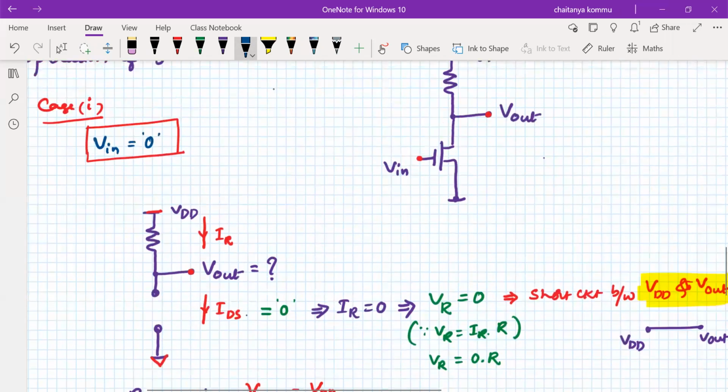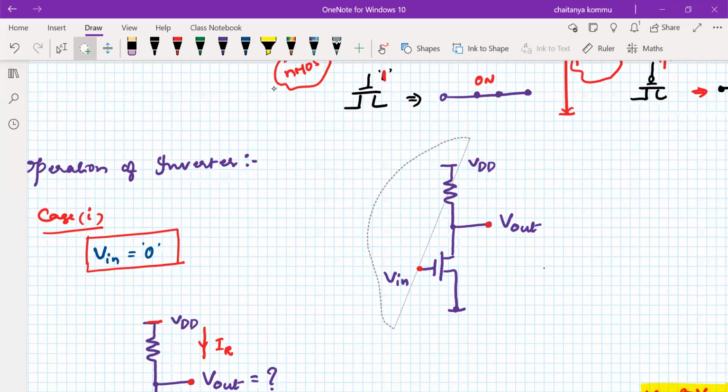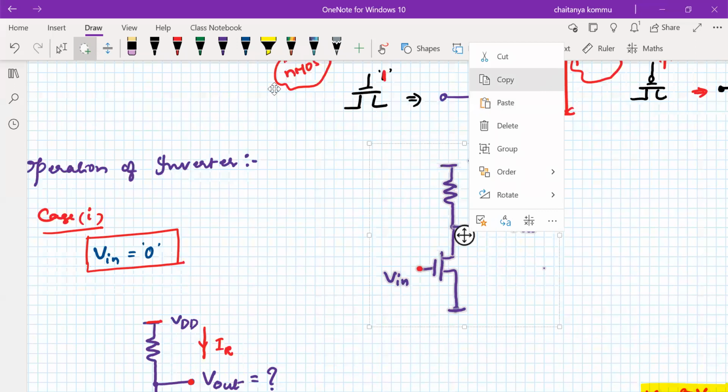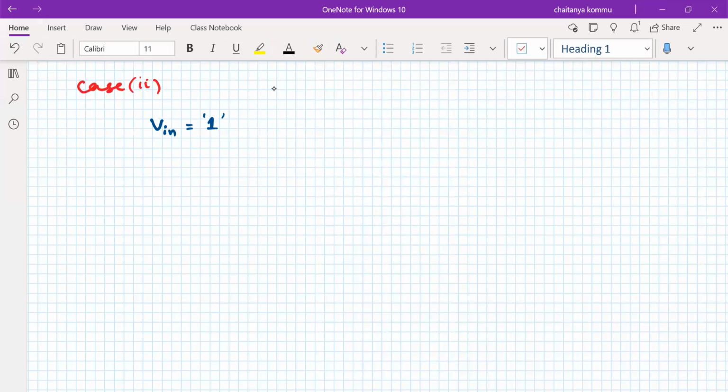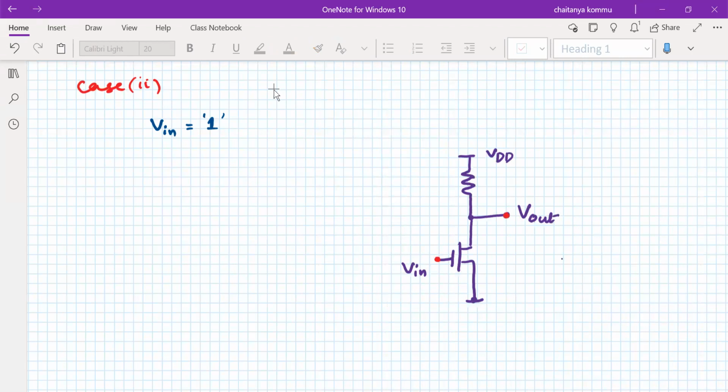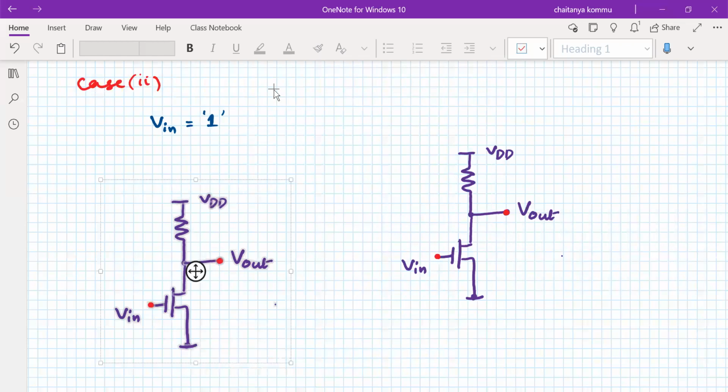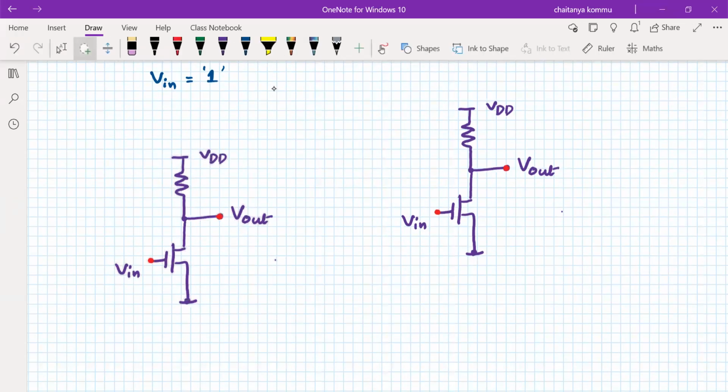The similar argument that we did here applies, but in a different manner. So look here, copy, paste it here. What is happening here? Observe, ground, VDD. When I apply Vn equal to 1, it simply turns the transistor on.